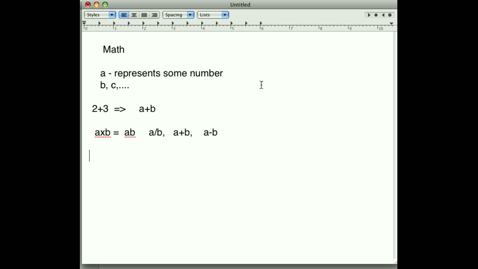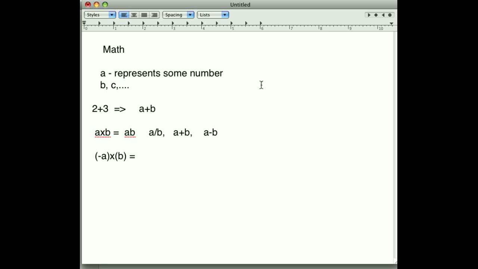Now, what about if I do something like minus A, and I'll write it in parentheses, times B? What is the result of minus A times B? If you know that one of the numbers is negative and the other one is positive, the result will be negative. I hope you know that rule.